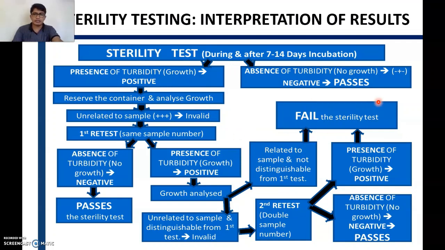So we can consider this failed for the sterility testing. If it is distinguishable, that means the microorganisms of the first and second samples are separate, we will retest the sterility testing with double the sample number. If there is turbidity, it indicates failure of the sterility test, and if there is absence of turbidity, it indicates no growth, which means it passes the sterility testing.